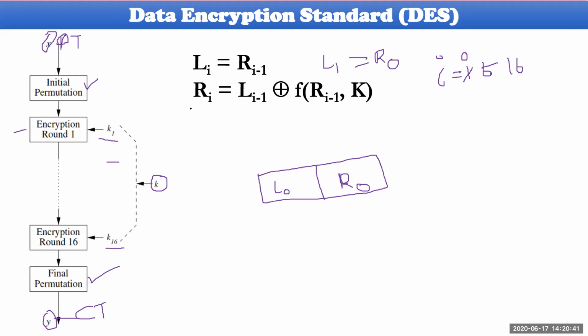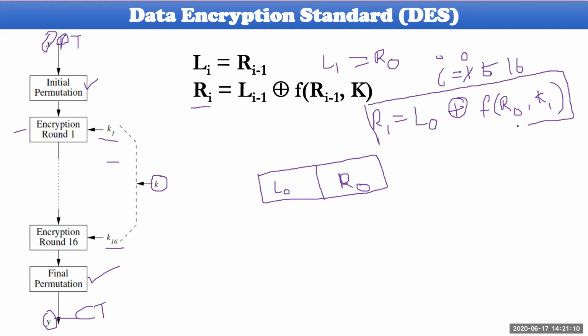R1 will be taken in terms of L0 exclusive-OR the function of R0 and whatever key you have taken into consideration, that is key 1. So this is the specific operation which gets operated in the first round.